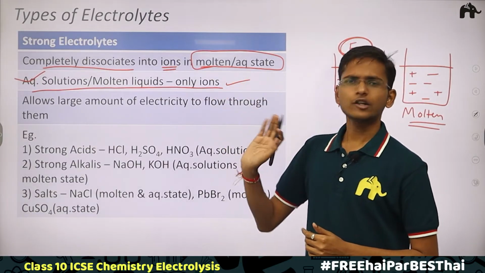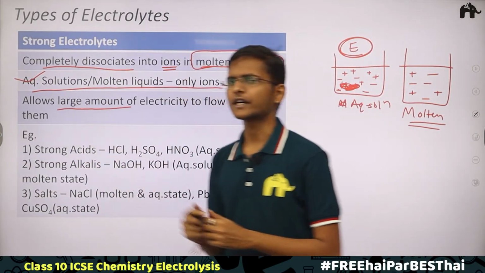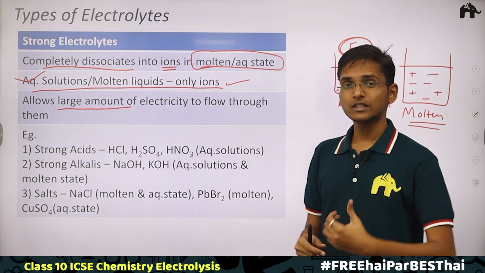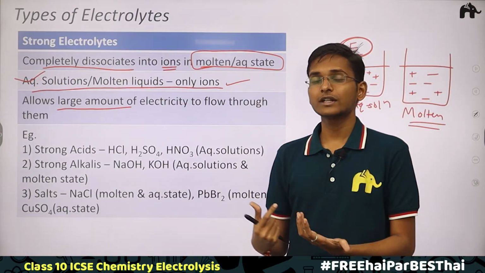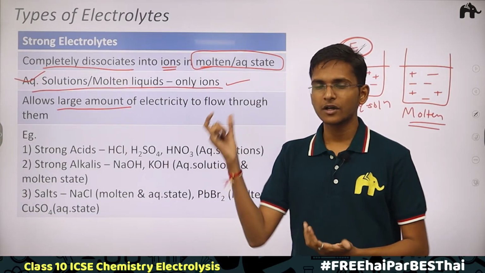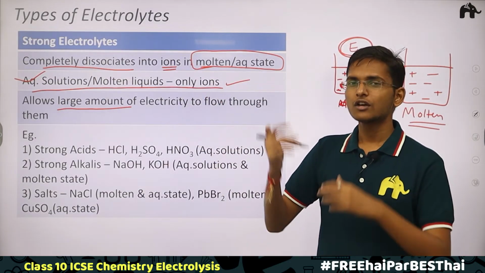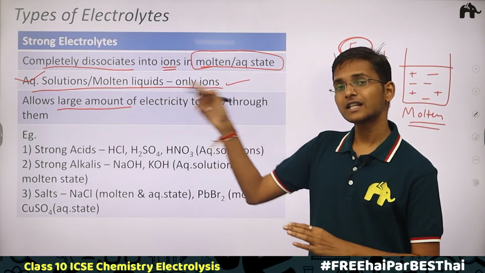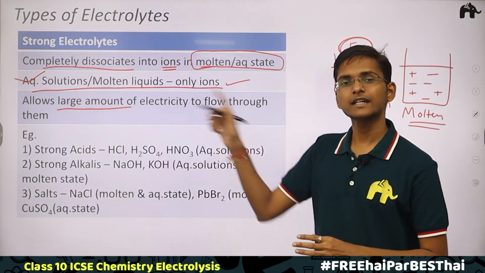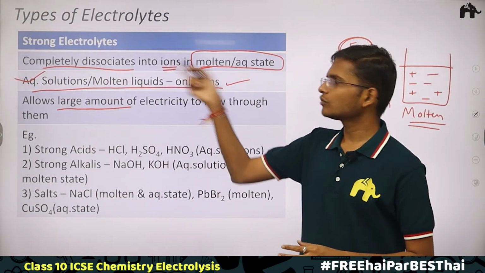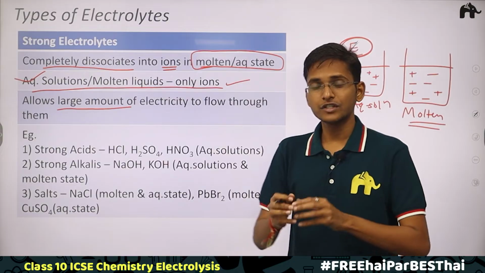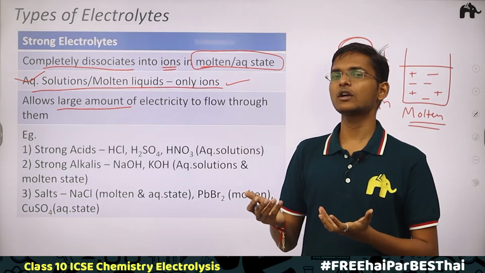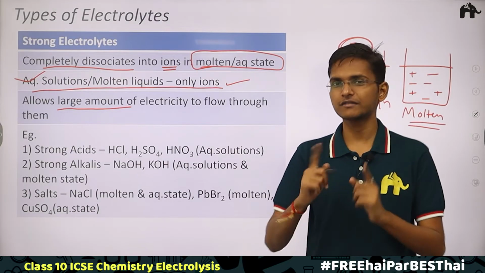Now these strong electrolytes allow a large amount of electricity to flow through them. Clear? And the examples: we have studied electrolytes which are acids, because acids in their aqueous solutions form free ions, and these free ions conduct electricity. So acids in aqueous solution, since they have free ions, behave as electrolytes. Those acids which dissociate completely into ions are called strong acids, right? We have studied this.